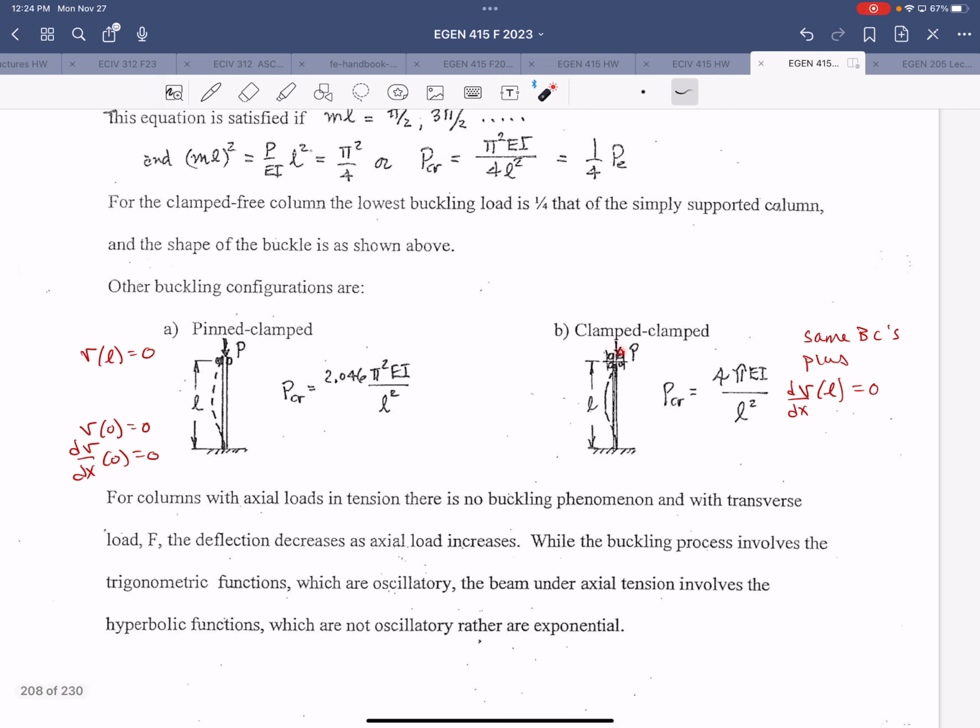And if it's clamped at both ends but free to displace vertically, or axially, on one end, then you have the same boundary conditions as before, plus you also have the condition of slope at the applied load end is equal to 0. So that increases your buckling load even further, right?